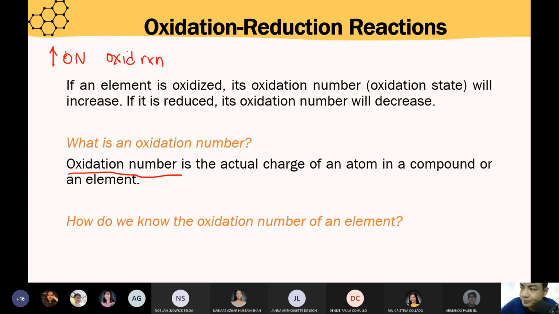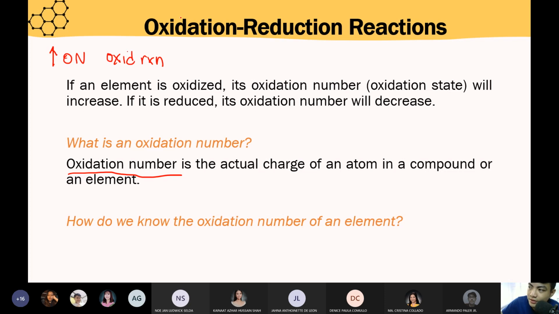So when your oxidation number increases, it means it becomes more positive. And we know that the charge becomes more positive if we remove electron from the atom. Okay? Meaning it loses electron. So when the oxidation number increases, it means it underwent oxidation reaction.